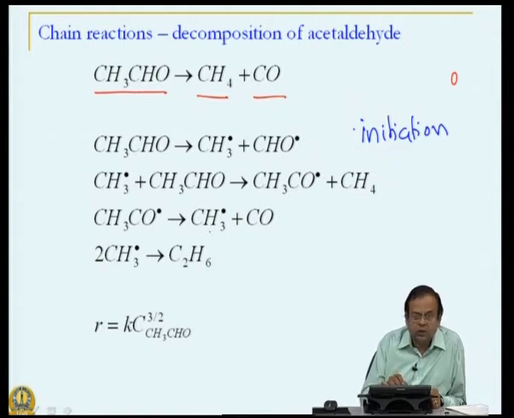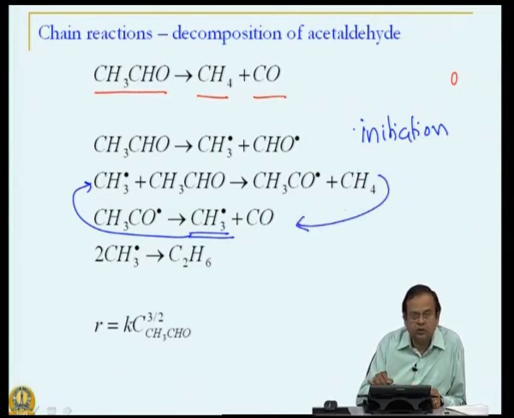So, once this third reaction takes place, as you can see there is a feedback, because the product of the third reaction, namely methyl radical, goes back as a reactant in the second step, further combining with acetaldehyde molecule and thereby closing the loop.